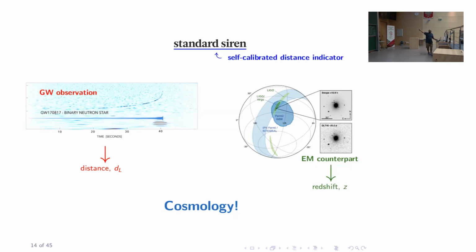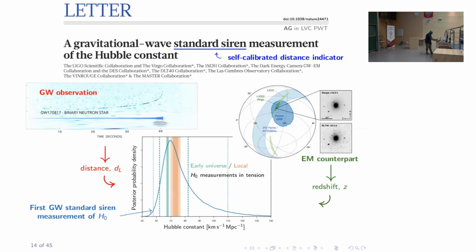From the host galaxy, we could read off the redshift. We could see the spectral lines in there. With the distance and redshift, that's all we needed for cosmology. So we obtained a measurement of the Hubble constant. This is once again the first gravitational wave standard siren measurement of the Hubble constant.